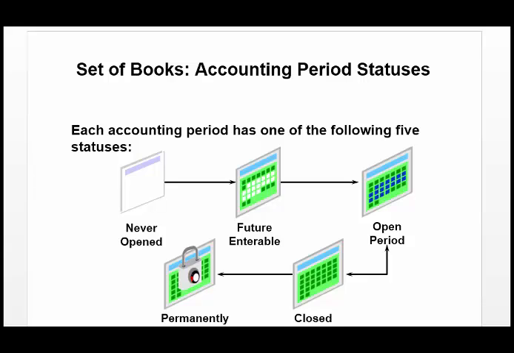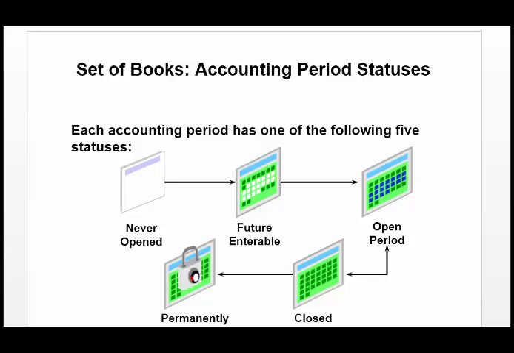But then we have the near future, like for example May 2015. May 2015 is just a couple of months away. So I may be recording a transaction, not posting it, just recording it, knowing that this is an expense that I will incur in May. So May is future enterable.